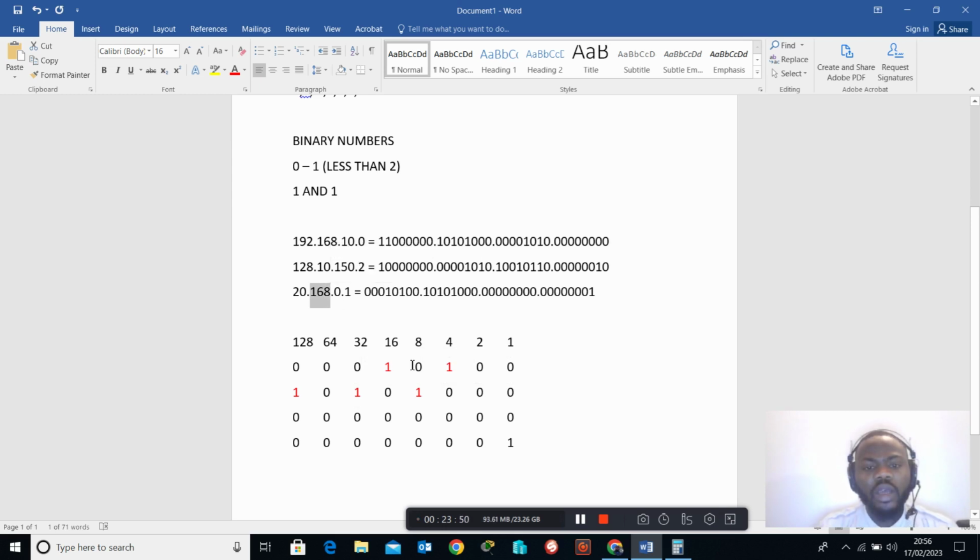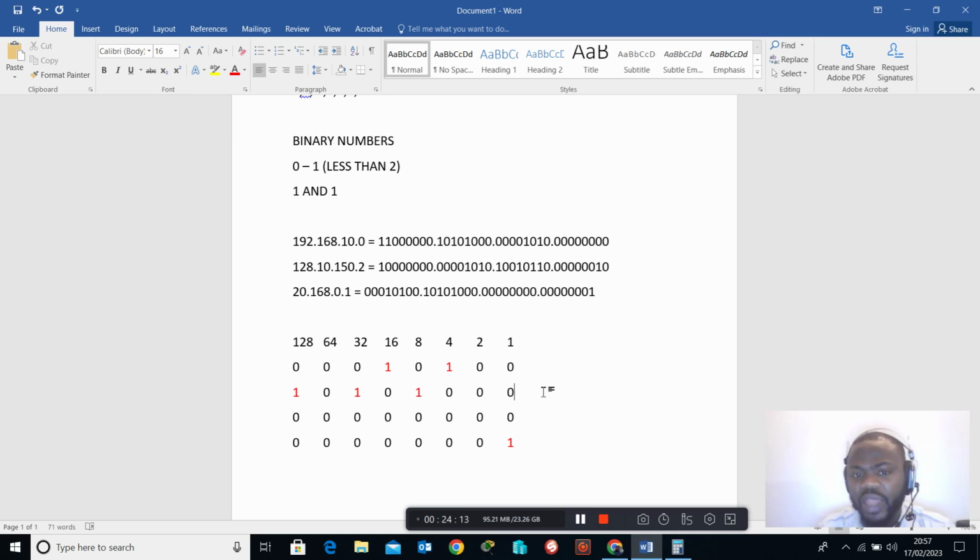Okay, that's how they got that. So if we add all this together also, we are going to get 0. And this is just the only one there, which is 1. So this is how you convert from binary to decimal, and from decimal back to binary.